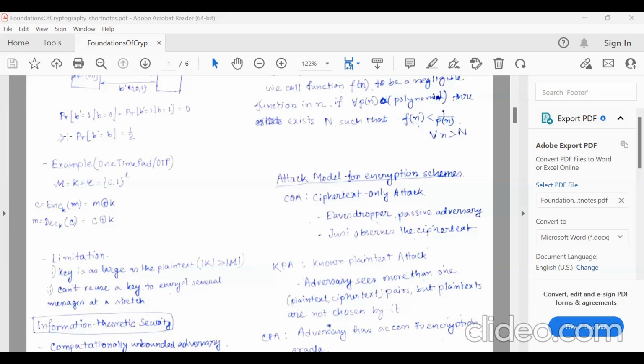So, okay, let me continue. Now, how do you encrypt in the one-time pad? You have your message M from this space {0,1} to the power l, and the key is also from the same space.